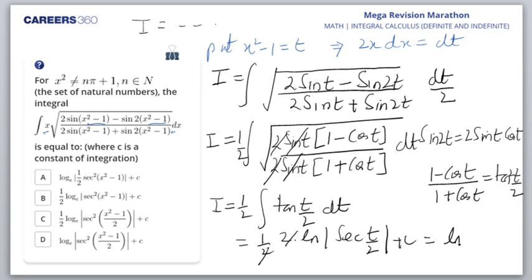I'll get ln of secant of x square minus 1 by 2. Okay? And mod completed. So the answer is D. Yes, Tarun. Yes, Riaz. Yes, Raj. The answer is D.